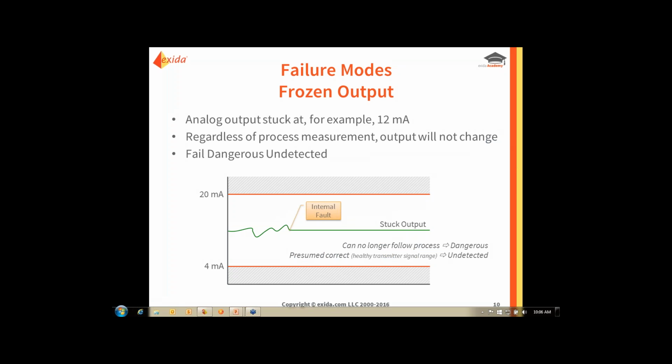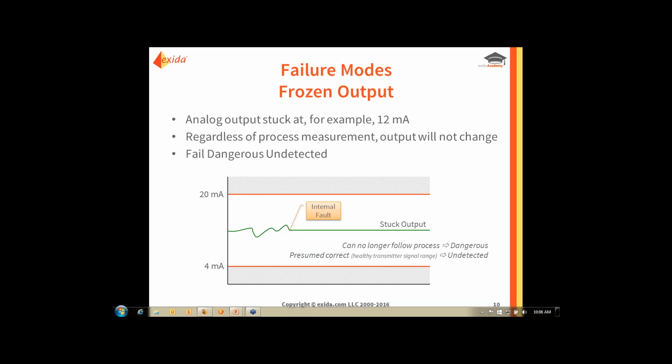Since we are no longer able to follow the process variable, since we're no longer able to give the actual information of the value in the process, it's a dangerous failure. We can no longer indicate that we need to transition to the safe state. We can no longer go through a trip point. We're stuck. So these frozen outputs are very easily classified as dangerous undetected.